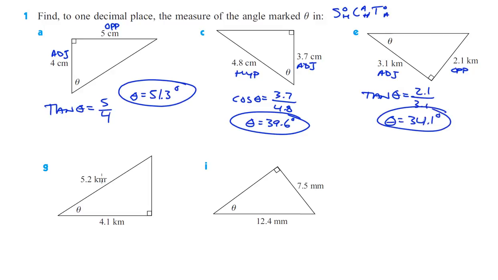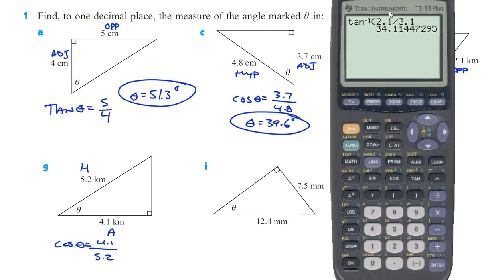Okay. All right, G. Here's our angle. This is the hypotenuse. This is the adjacent. So for this one here, hypotenuse and adjacent is cosine. So we would do cosine theta equals adjacent is 4.1, hypotenuse is 5.2.